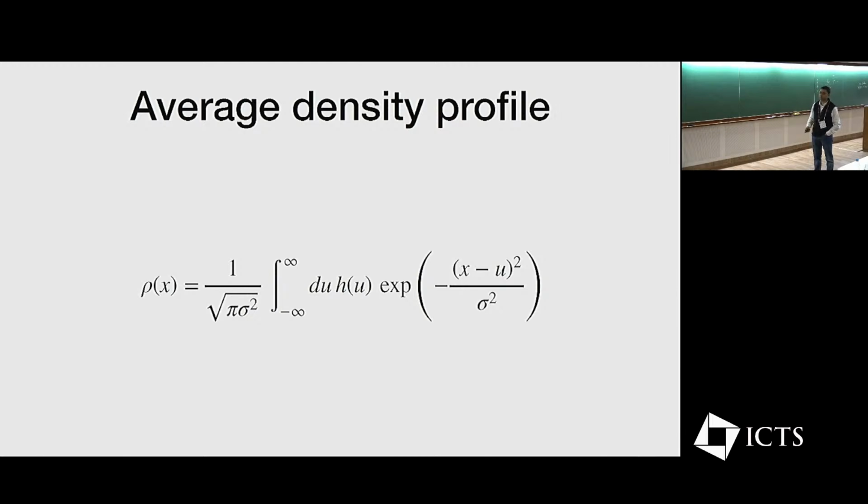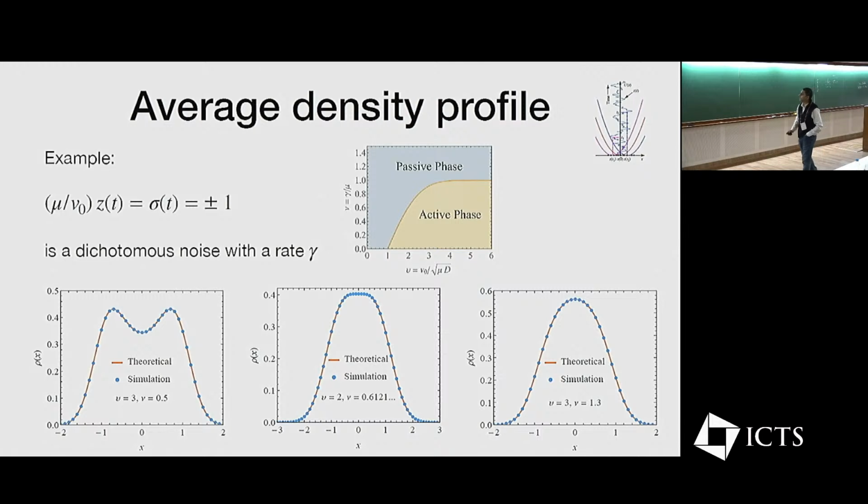This h of u depends on the problem. For example, in this classical case, this logo means the classical case, let's consider driving where z of t is a dichotomous process. Basically, it just varies between two values. The trap center just takes two values, and you keep shifting between the two. In this case, the density profile shows very interesting behavior.